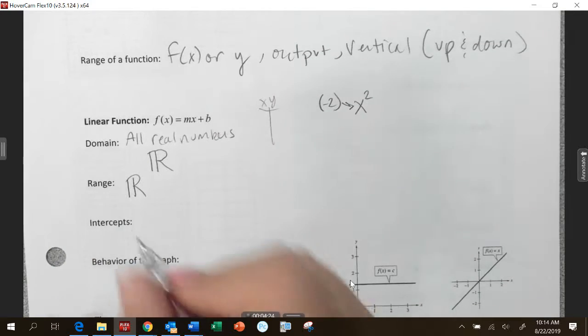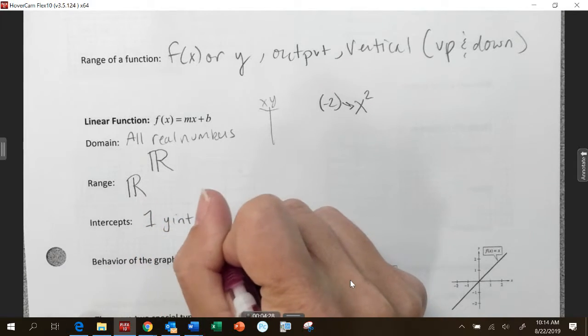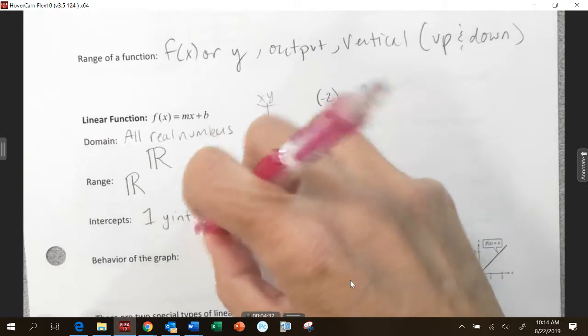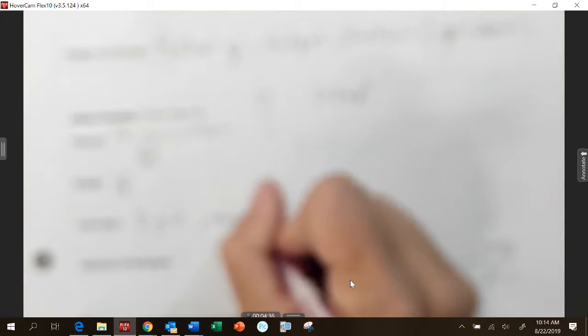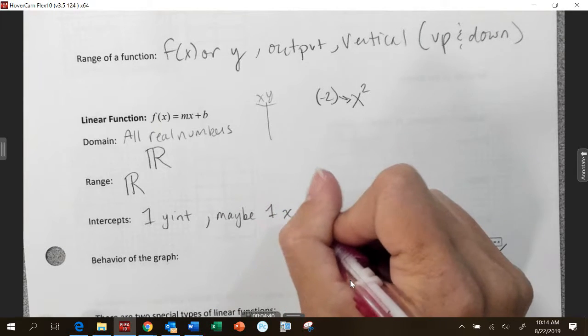Intercepts: we would have one y-intercept for sure, and maybe one x-intercept.